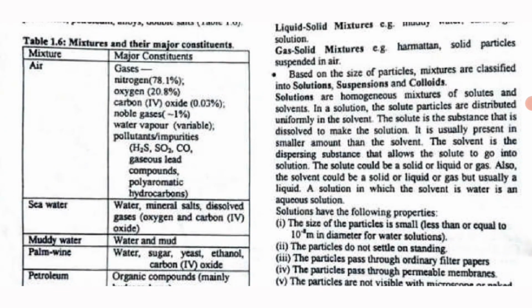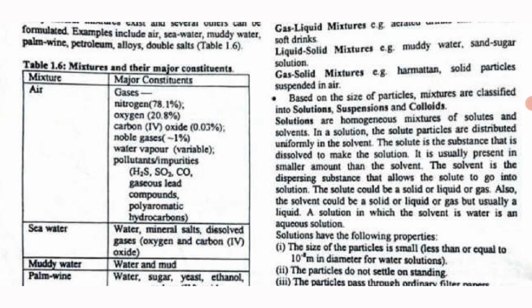Now, we will also be classifying them based on the size of particles, whereby we have the solution, suspension, and colloids. Now, solutions are homogeneous mixtures of solutes and solvents. In a solution, the solute particles are distributed uniformly in the solvent. We are dealing with two keywords here: solute and solvent.